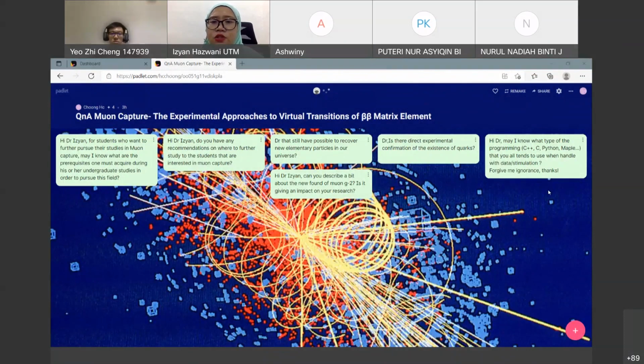Actually, the Muon G-2 experiment is related to determining the muon spin. At first we said that muon is in the same group with electron, which is a fermion. So they said that in order for muon to have this same spin, it needs to fulfill the quantum electrodynamic studies.